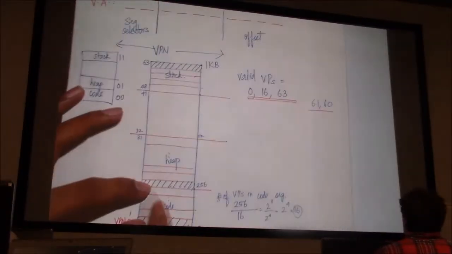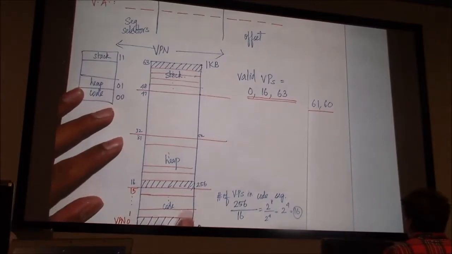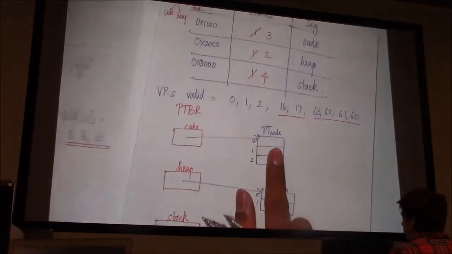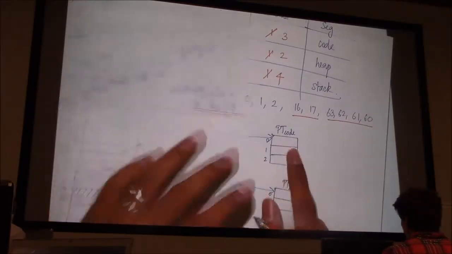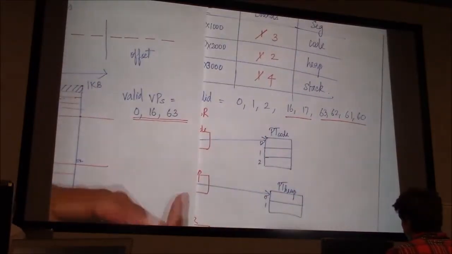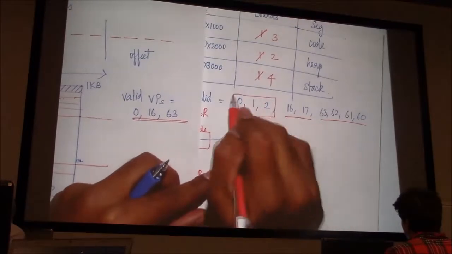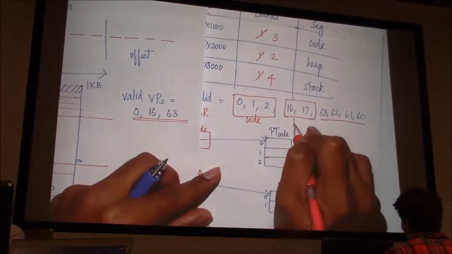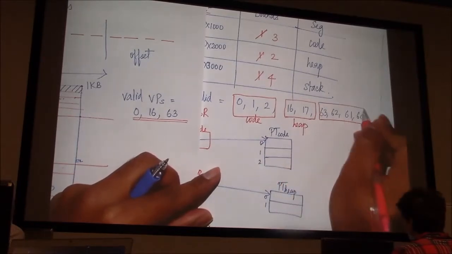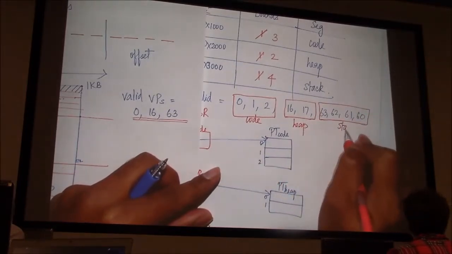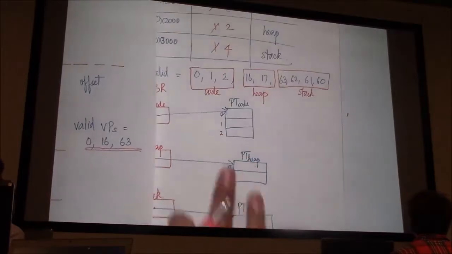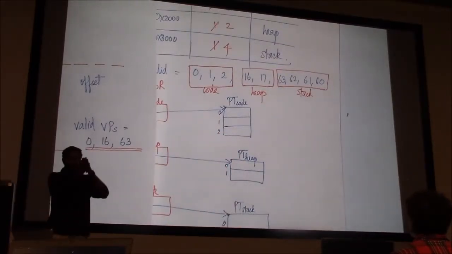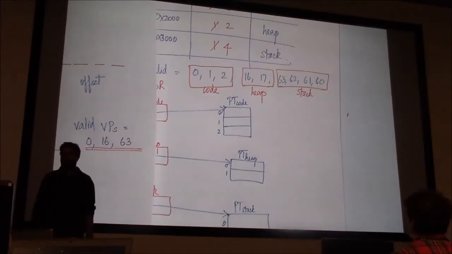Even though the entire code segment has 16 virtual pages, we are only allocating 3 entries because we are assuming only the first 3 virtual pages in the code are valid. Only the 2 virtual pages in the heap are valid, and only the 4 virtual pages in the stack are valid, and so we are only allocating memory for the page table as needed. We are not having all the entries there.